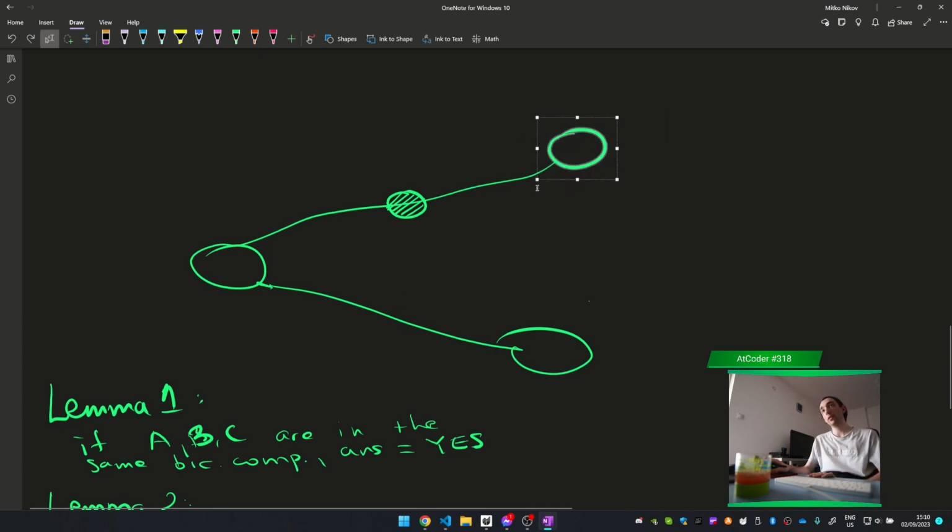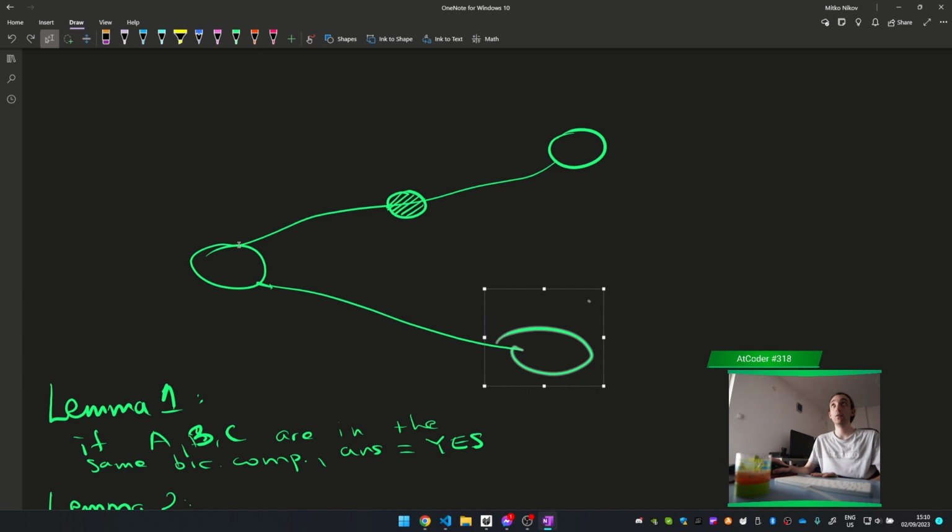So okay, if I start at A, let's say, and then I go B, and then I end up going into C with the DFS, then there is certainly a path. But what happens if I go to C first? Then I can go maybe to B quite directly from there.